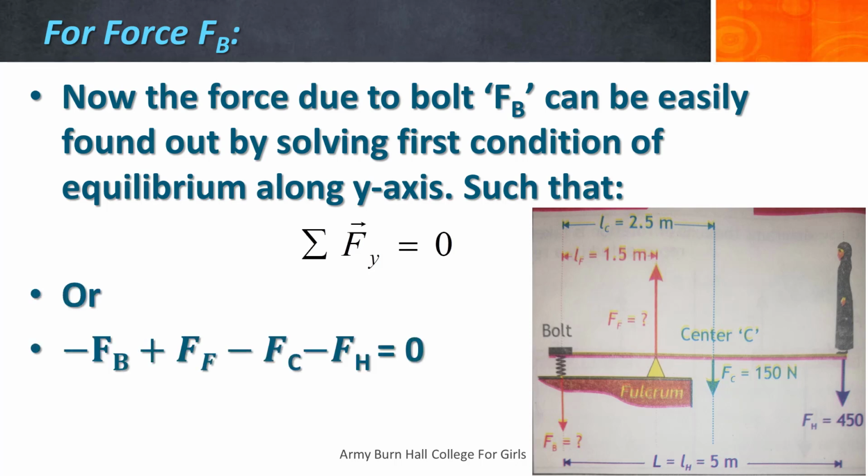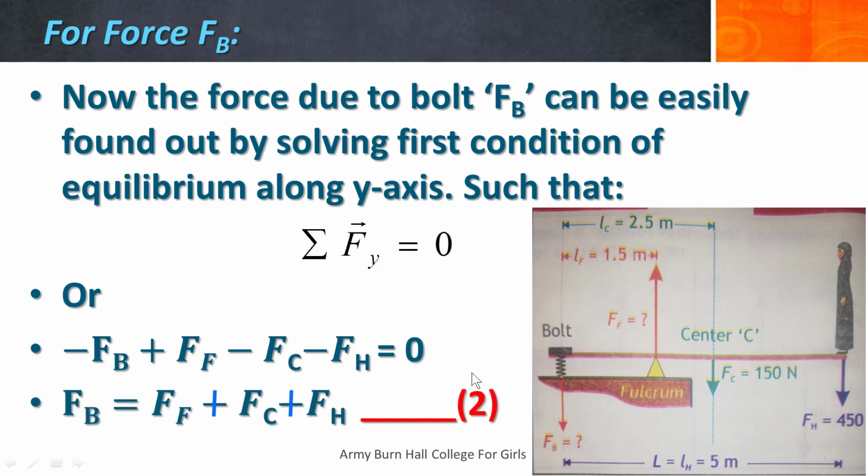You can see that only Ff is in upward direction, so Ff is with positive sign, while Fb, Fc and Fh are in downward direction, so they will be taken with negative sign. Sum of all the forces must be equal to 0.